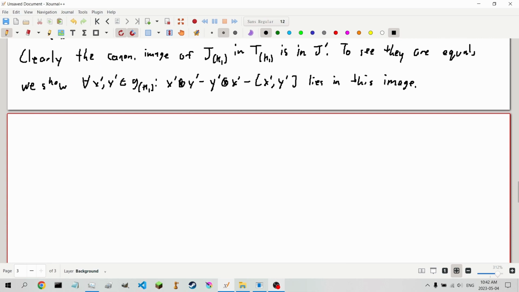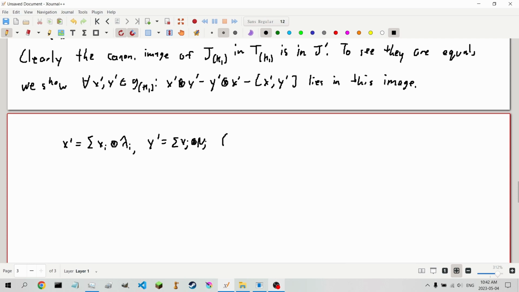So we're going to write x prime as the sum of some xi with some lambda i, and y prime as the sum of some yj with some mu j.